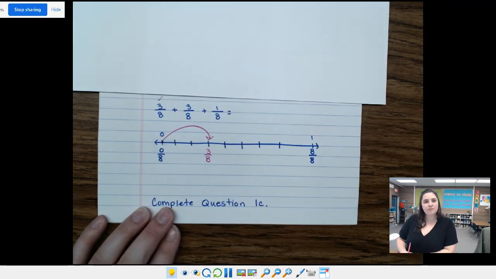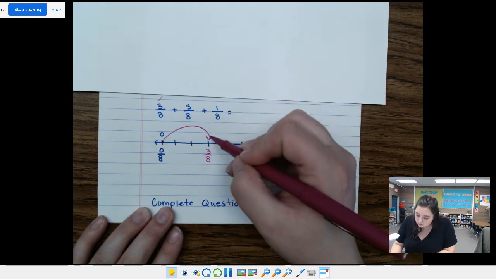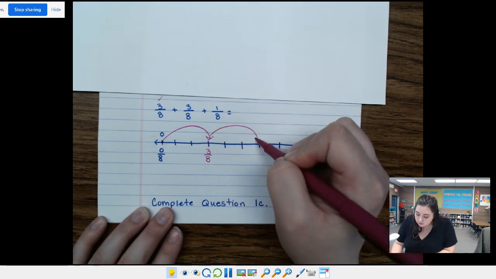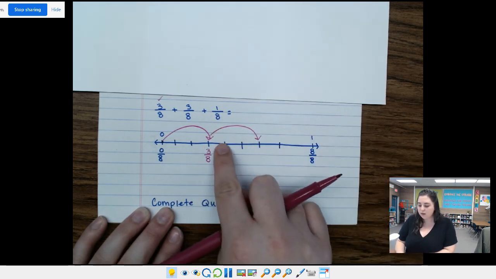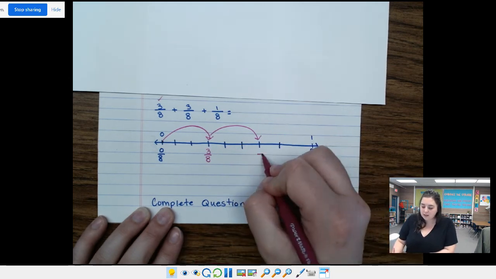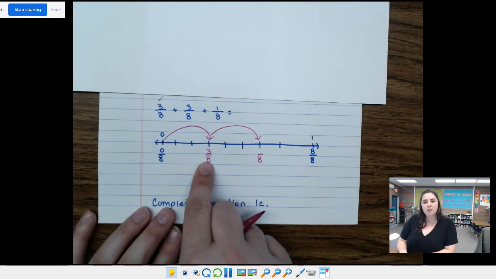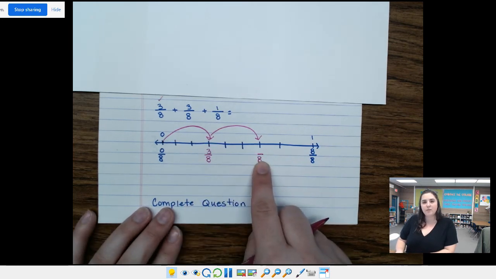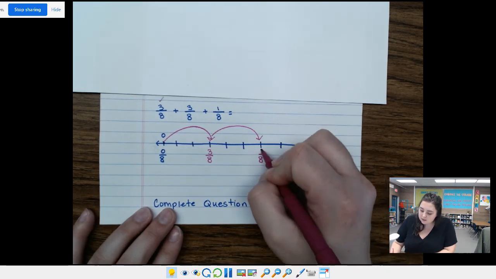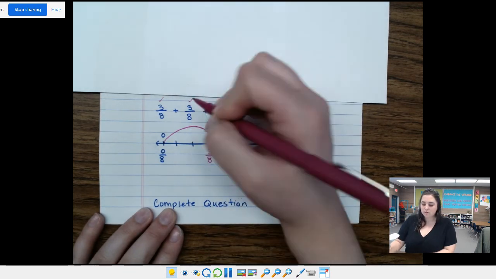Check. Let's jump ahead another 3/8. 1, 2, 3. There we go. 1, 2, 3 sections. How many eighths would this be? I was at 3/8. I jumped ahead another 3. What would I be at now? 6/8. Check.